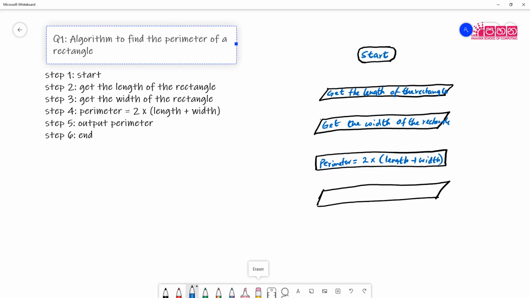We can say output and the perimeter. And finally, we will have the end.